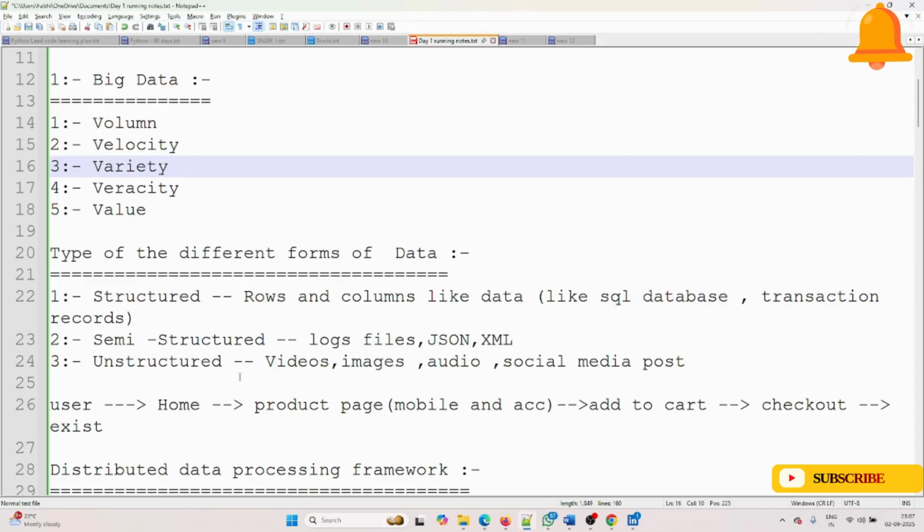Have you seen that on Netflix, after completing a video, you see some recommendations, or on YouTube too? It suggests the next episode you should go and watch. So why does it matter? The true power of big data lies in extracting value for decision making, customer satisfaction and innovation. This is related to the 5 Vs.